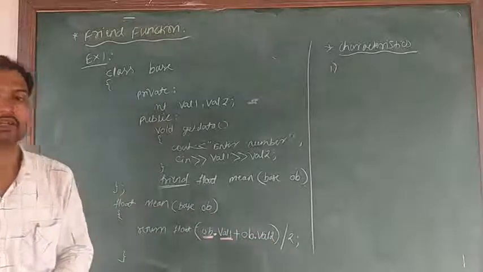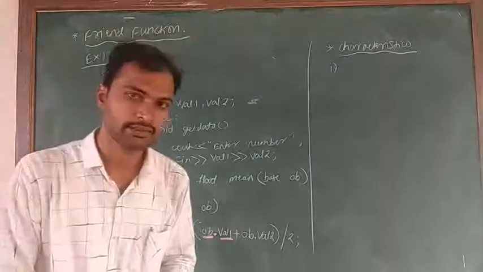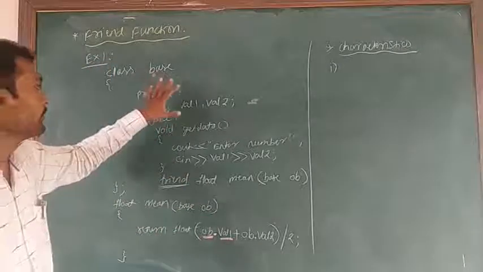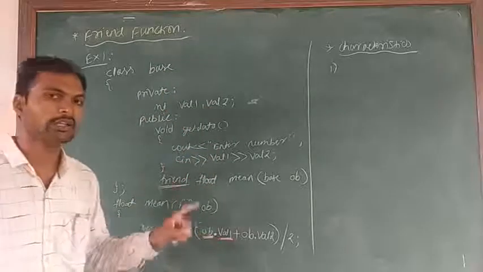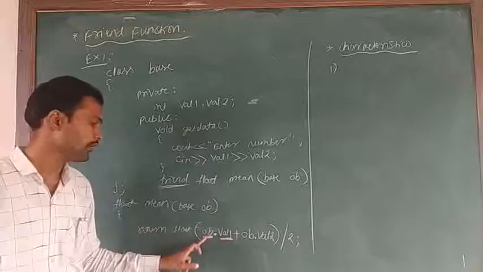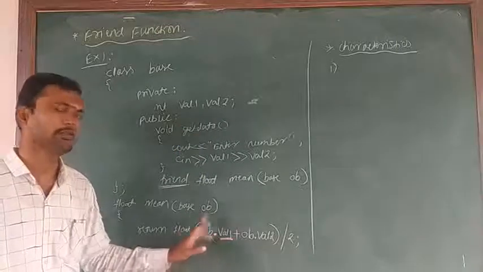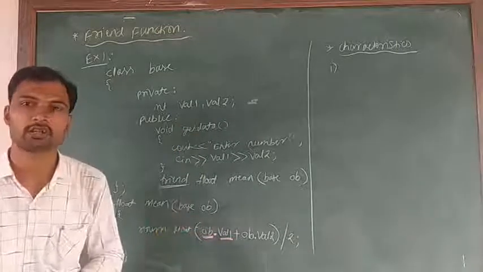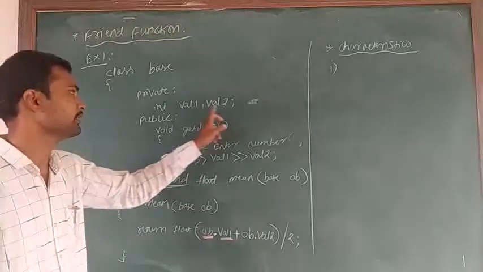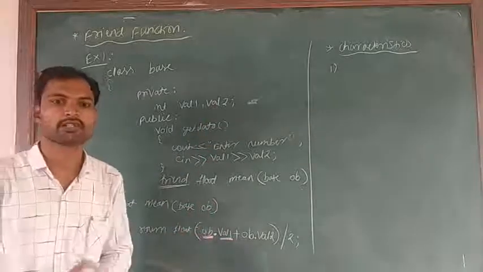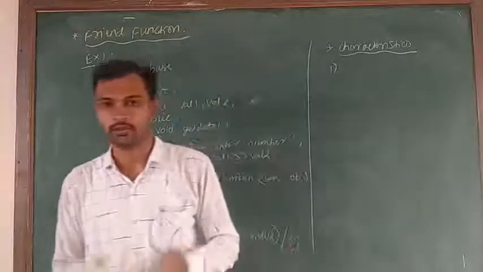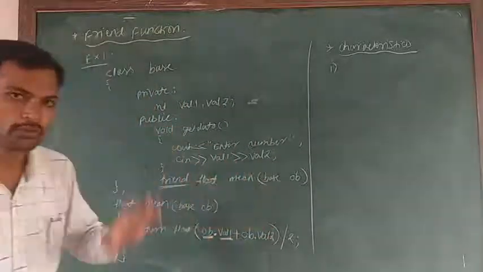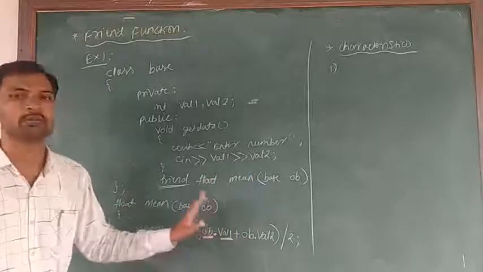Means a friend function is not able to access variables directly. It can access the variables only through the object name and dot operator.